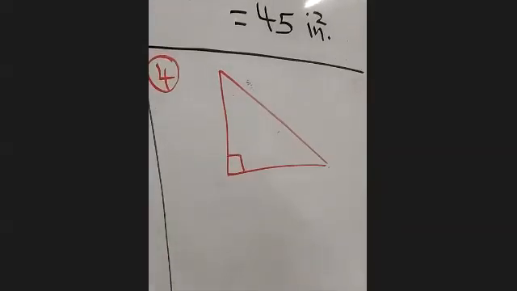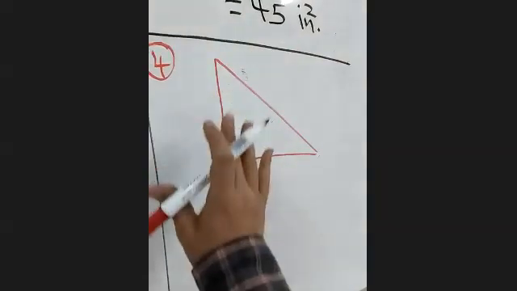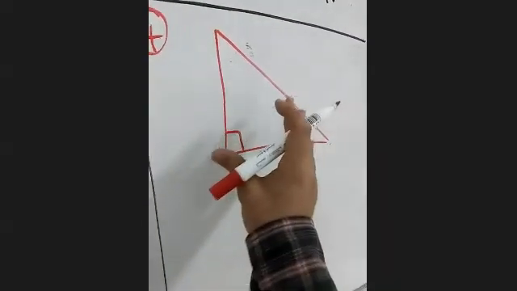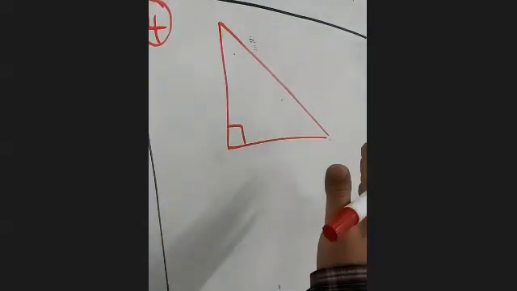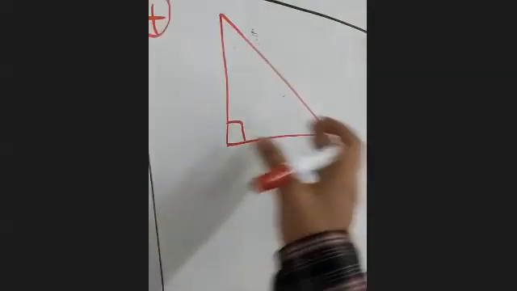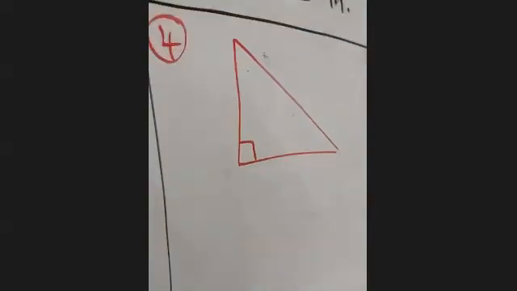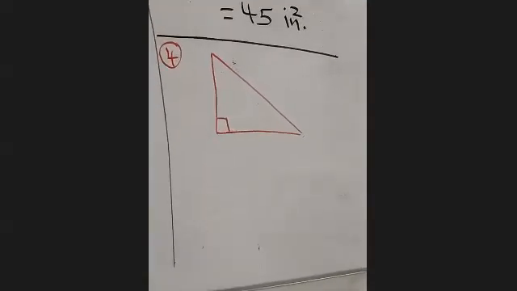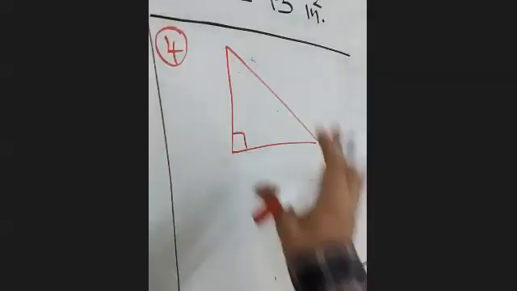Good. So this girl, Yolanda, wants to cover this triangular area with mulch, right? And they gave us the cost of each bag. So what do we need to do here to find the whole cost?